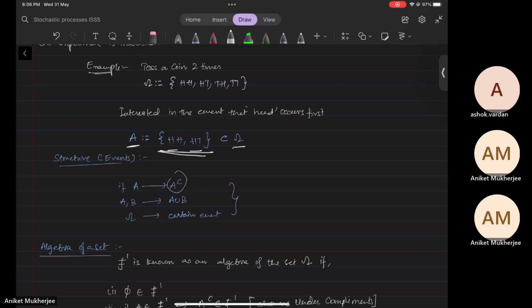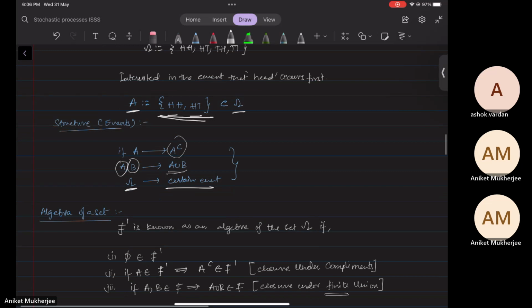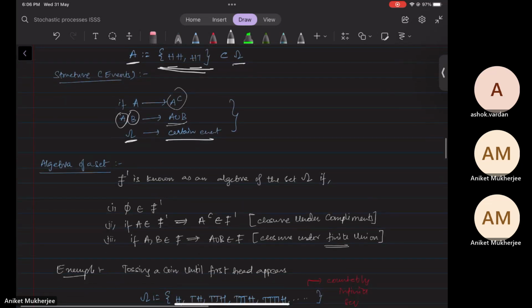Similarly, if you know about events A and B, you need to know what happens to the union of A and B or the intersection of A and B. And the certain event should be there too. So using these three, we define a structure on the collection of sets.